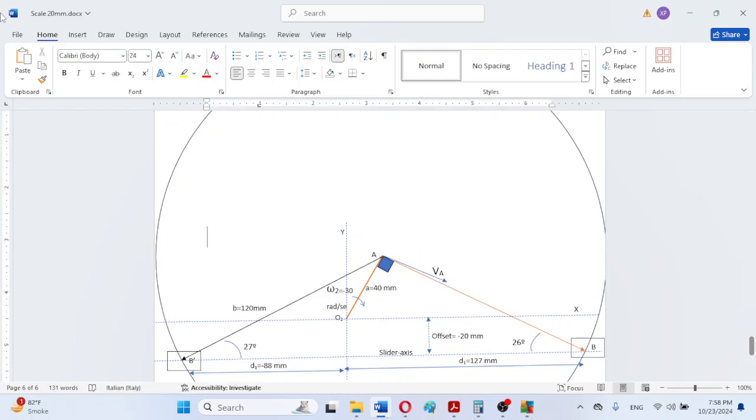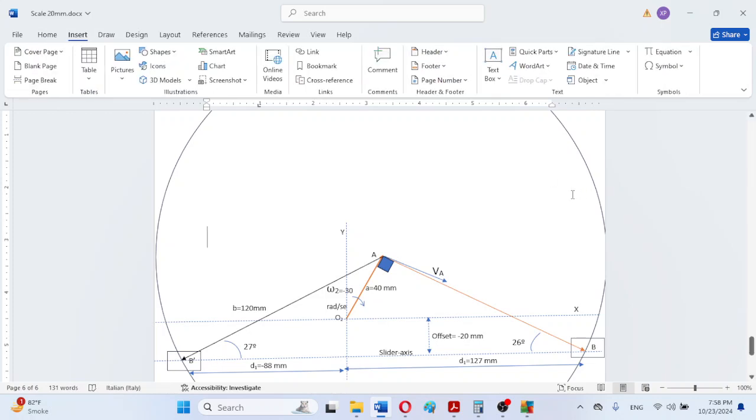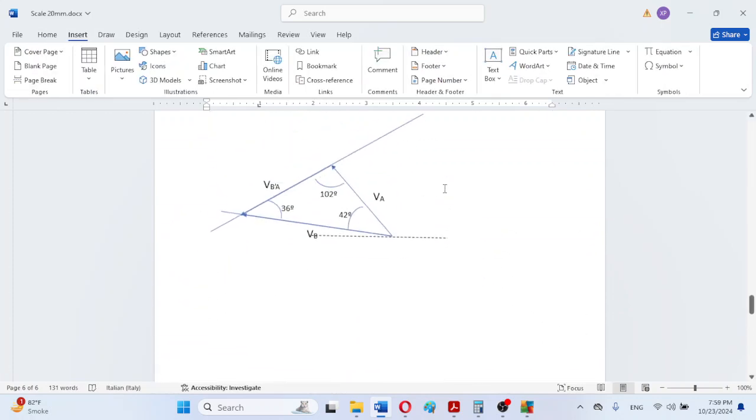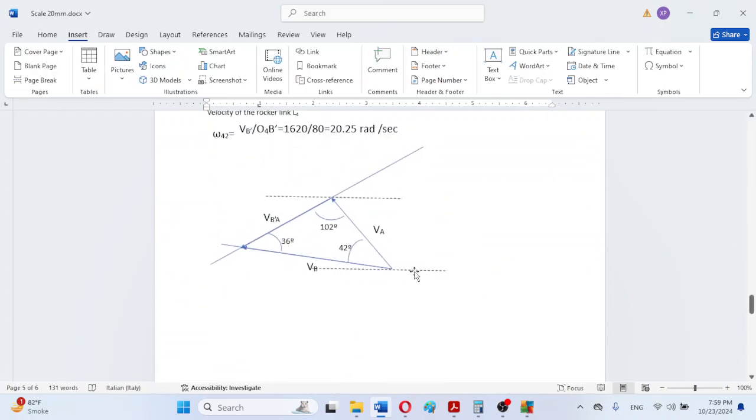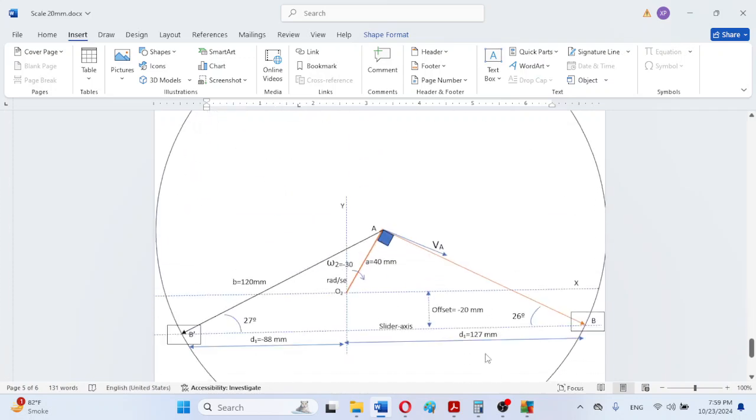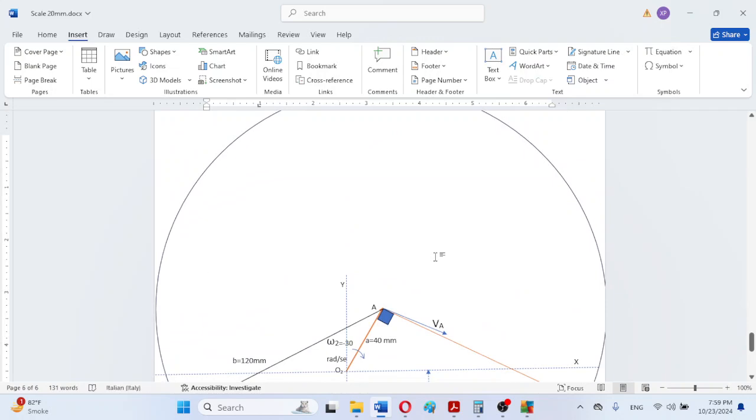Now we can draw the horizontal reference similarly, or copy one reference from here and paste it here for the angle measurement.